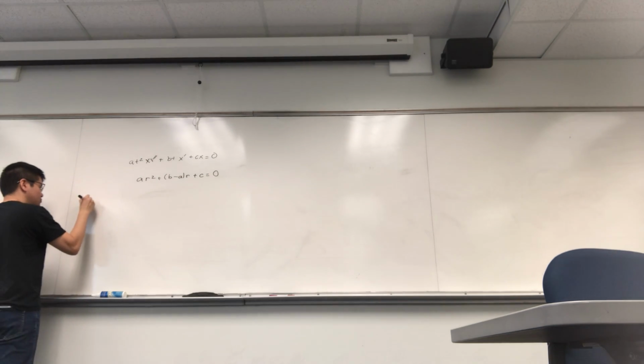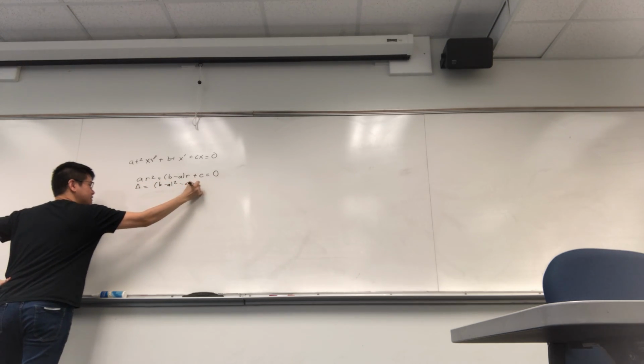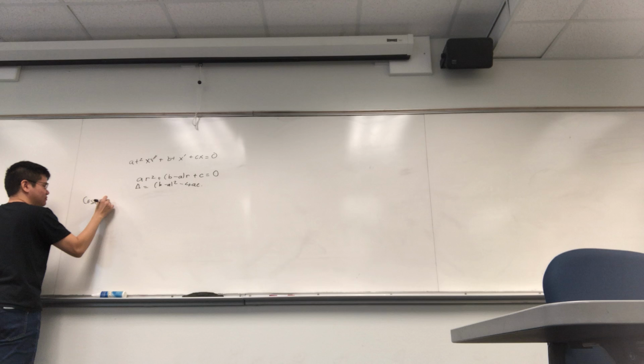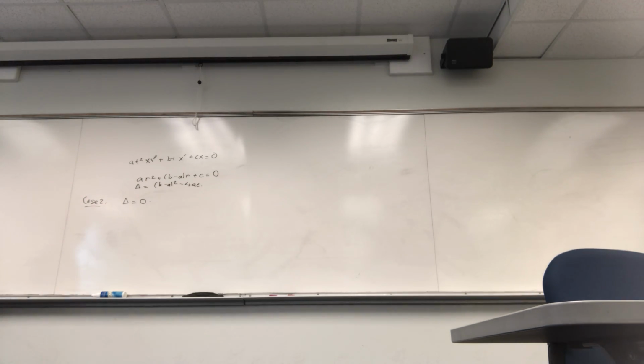So case number 2, the delta is (b minus a) squared minus 4ac. Case 2, delta is 0. So when delta is 0, what happens with the characteristic equation?